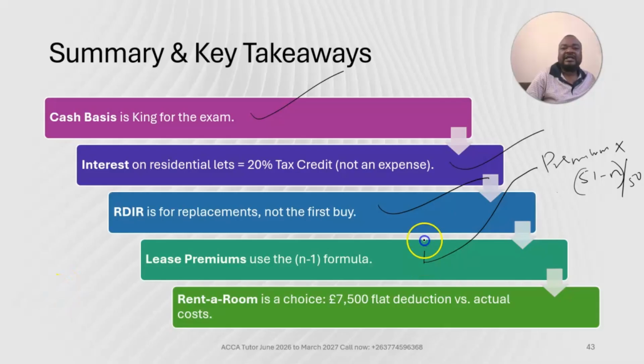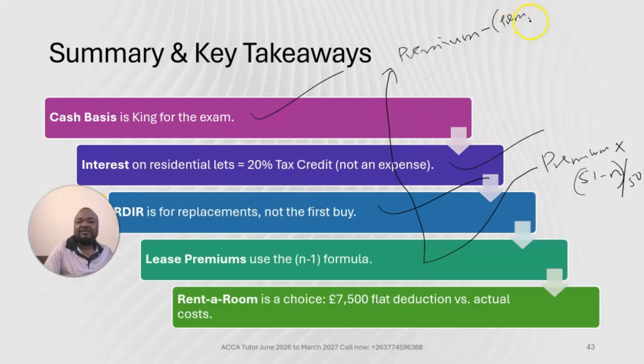The other one we said is premium minus premium multiplied by 2%, then multiplied by (n minus 1). Oh, I forgot a 2% somewhere.